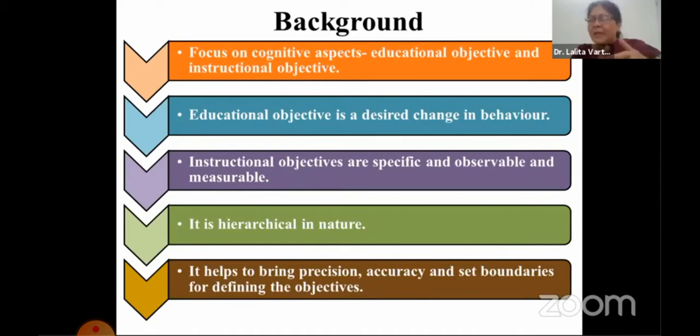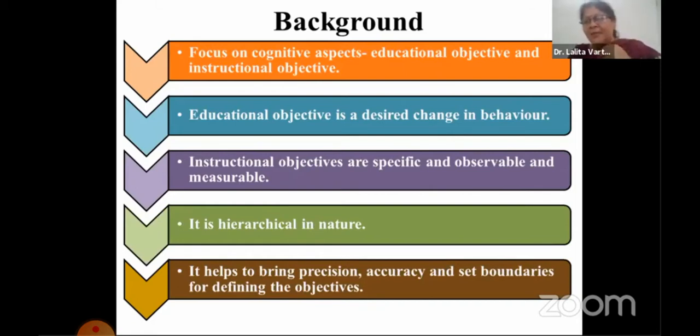So we expect that change is seen, is observable to us, and hence we call it the desired change in the behavior. Instructional objectives are related to these educational objectives, which are very specific, observable and measurable.